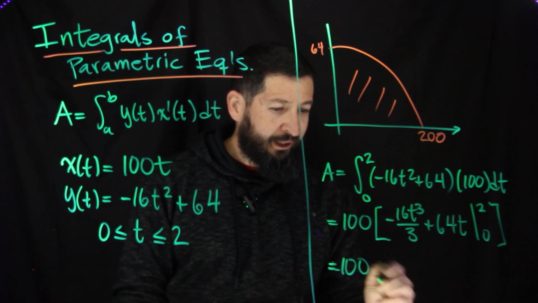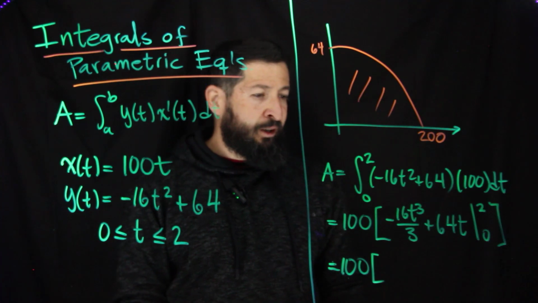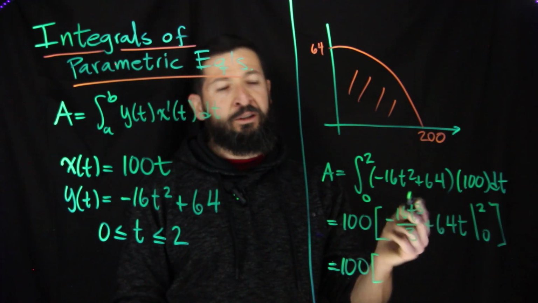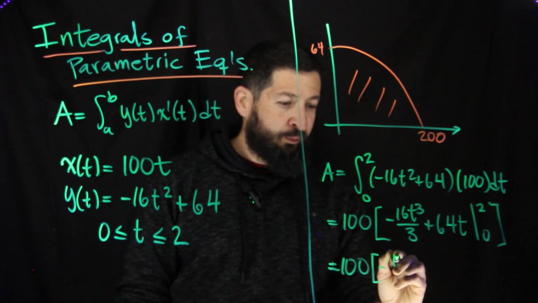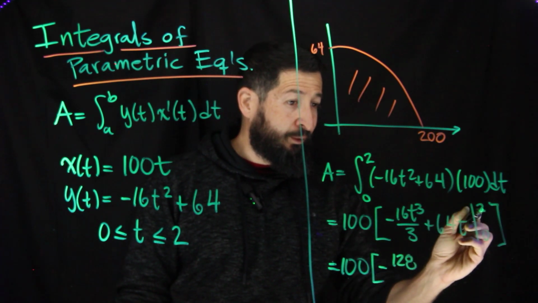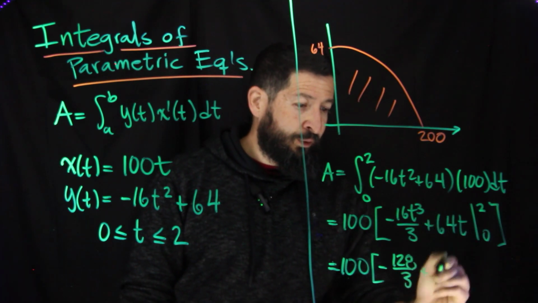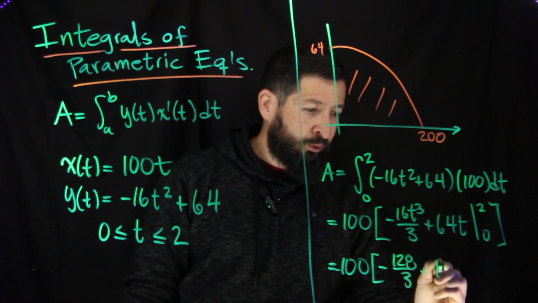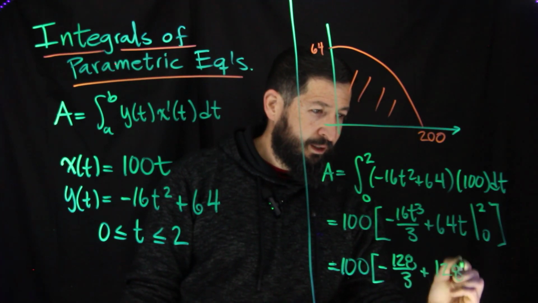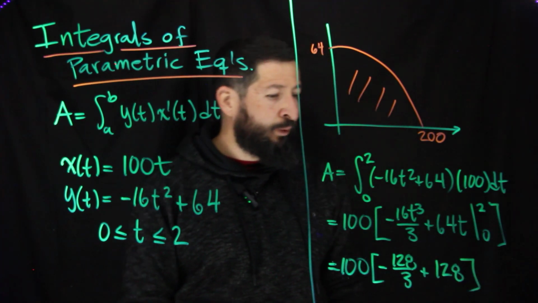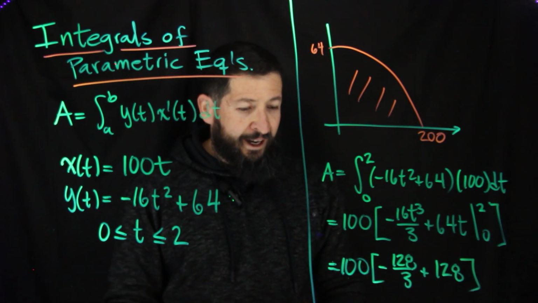Sorry about the squeaky noise. So it'll be 100 times 16 times 8. That's going to be 64 times 2, 128. So negative 128, I'm just evaluating at t equals 2, over 3 plus 64 times 2, 128. And that is going to be 2/3 of 128 times 100.